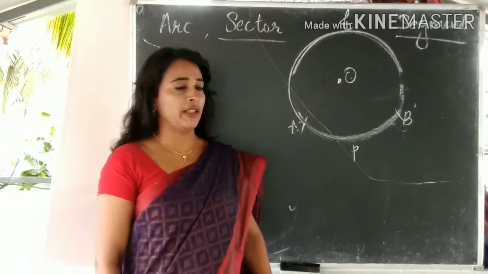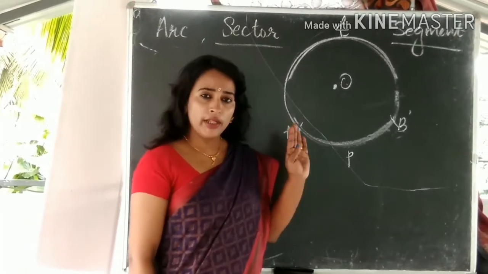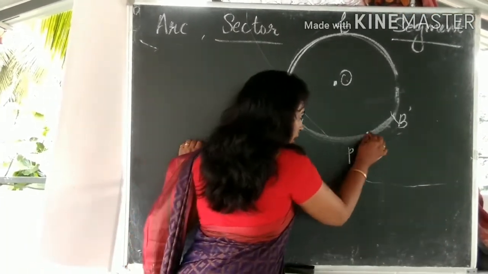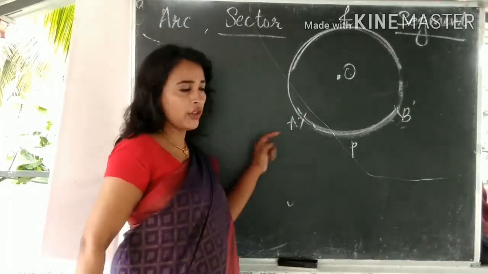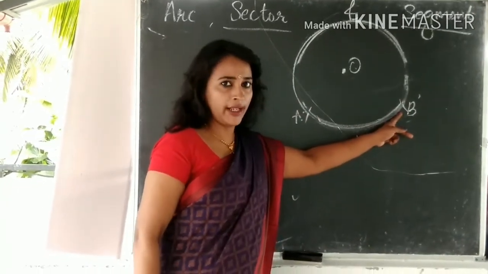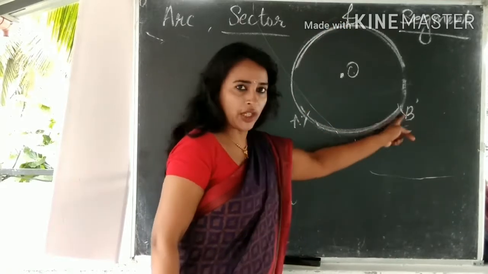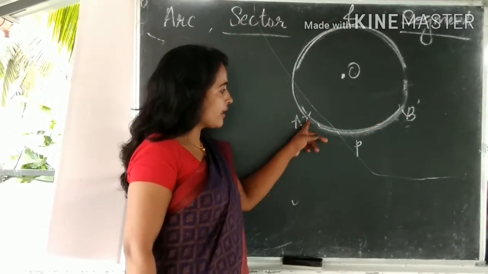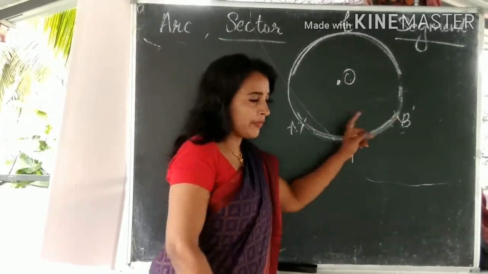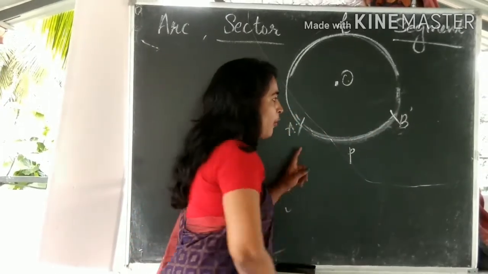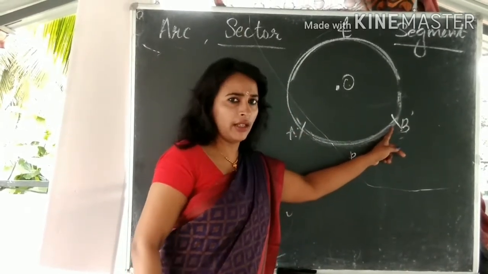Now the next topic. The region bounded by this arc. Okay, this is an arc. Minor arc. This is the major arc. Okay, so let us consider this minor arc and these are the two endpoints of this minor arc. Correct, no?